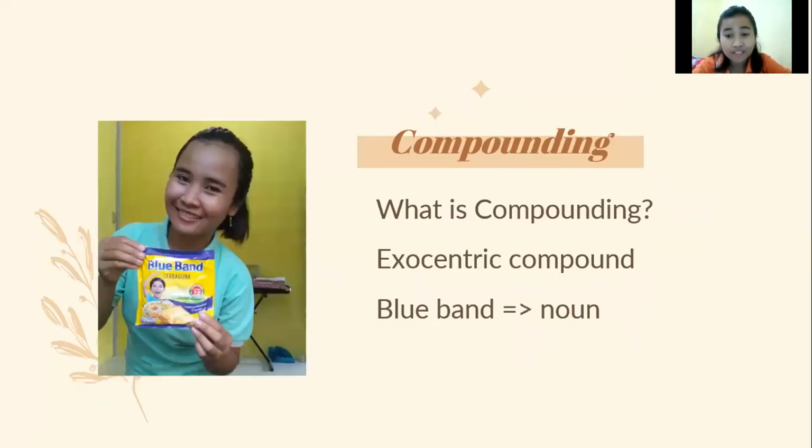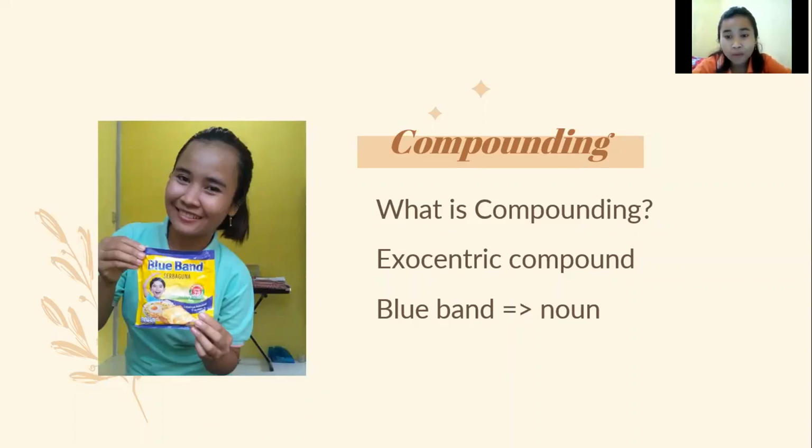Okay, what is compounding? Compounding is the process of combining two or more lexical categories. For example, I chose Blue Band. Blue Band is a noun. In the process of combining, the category of the compound is determined by the rightmost morpheme.